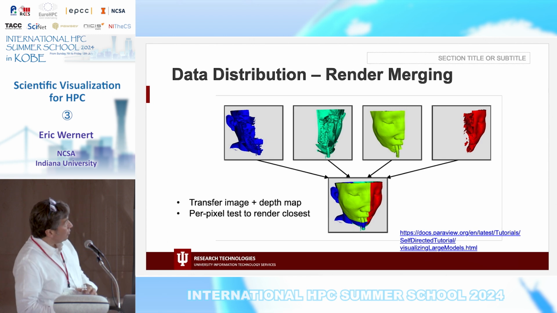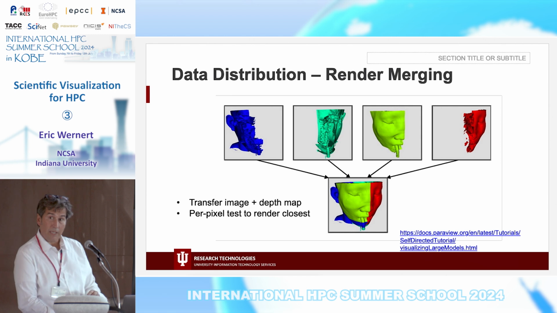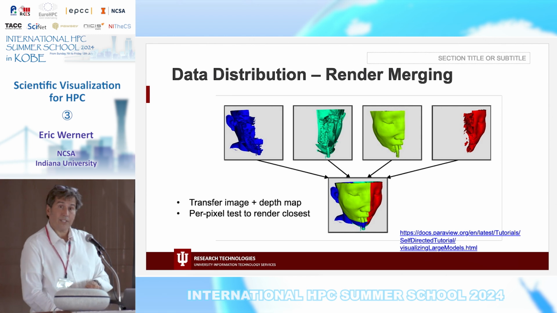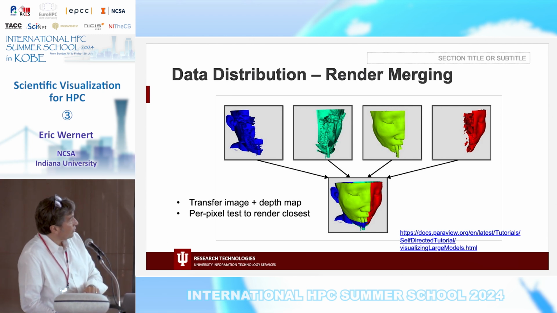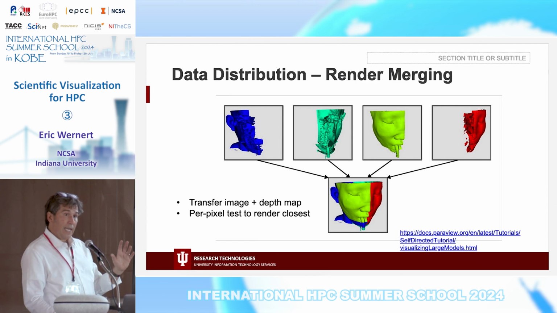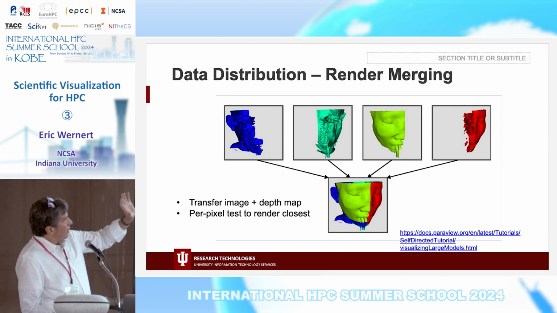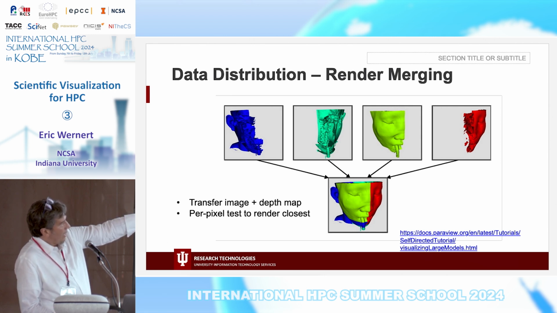There are some beautiful things that people have done and do for, again, the really big data sets. The folks at the national labs do some amazing things. But you can take data and, again, this is what that would look like, taking our friend the head data set and putting it across 4 render nodes.